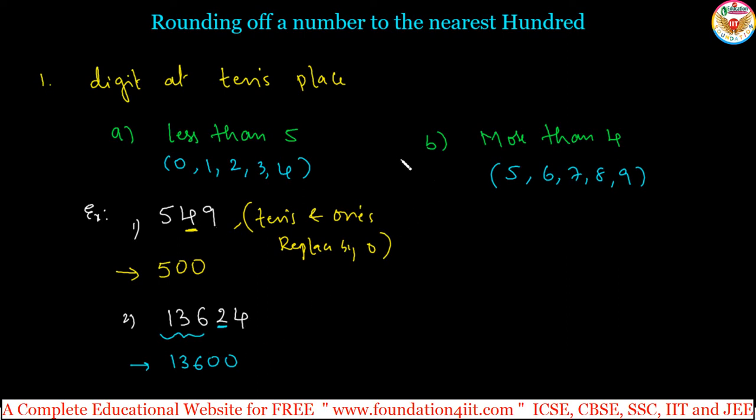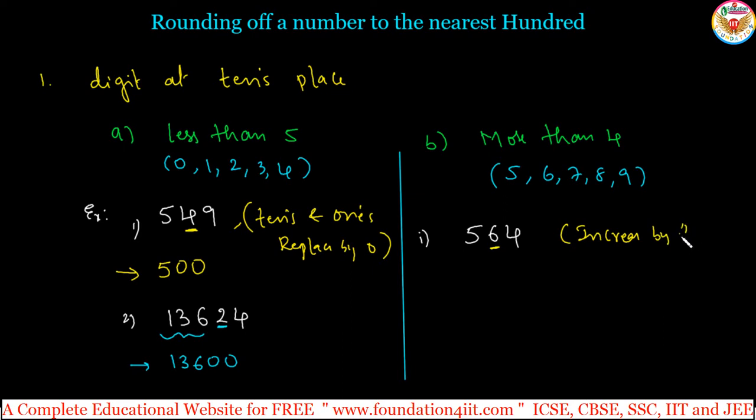This is one rule. And if the tens place digit is more than 4, that means either 5, 6, 7, 8, 9, how do we do it? Take 564 as the example. The tens place is 6, which is more than 4. In that case, increase the hundreds place by 1.